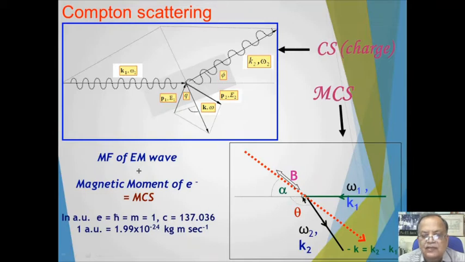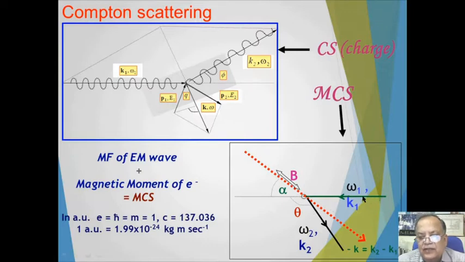In this particular situation, the unpaired electron, meaning a magnetic material, is kept under the influence of a varying magnetic field.